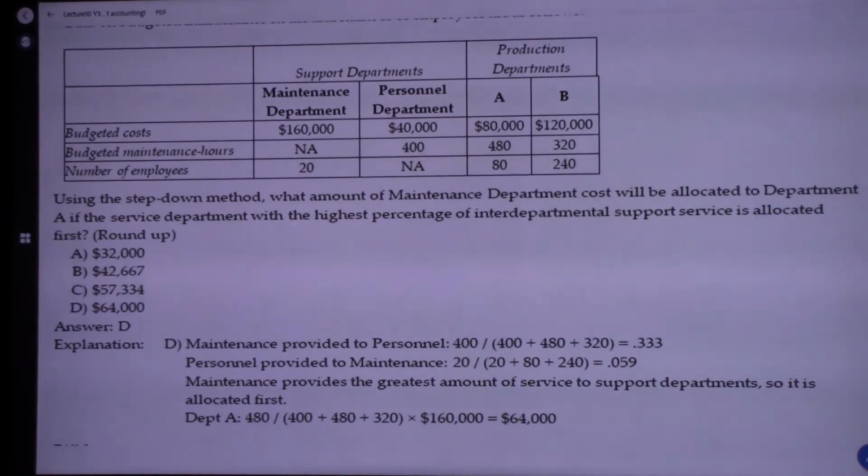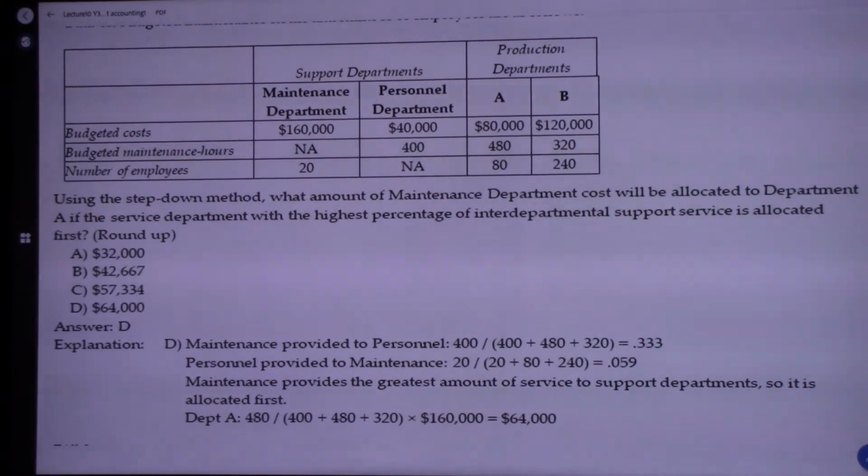Why? Because the example states that the department with the highest percentage is going to be allocated first. Here, he didn't give me the allocation percentage for the maintenance department and for the personnel department. So I will need to calculate the allocation percentages.